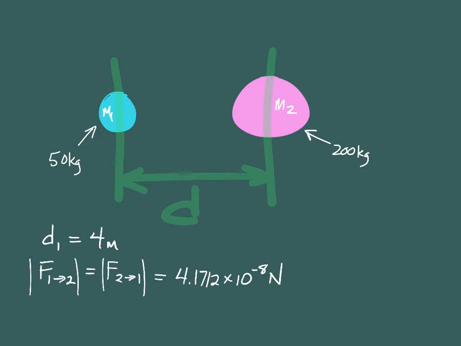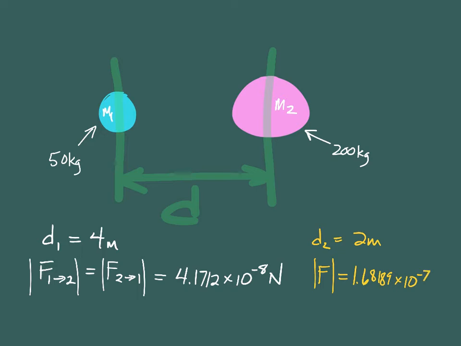to 2 meters, so when distance 2 is 2 meters, then the magnitude of the force ends up being 1.6889 times 10 to the minus 7.